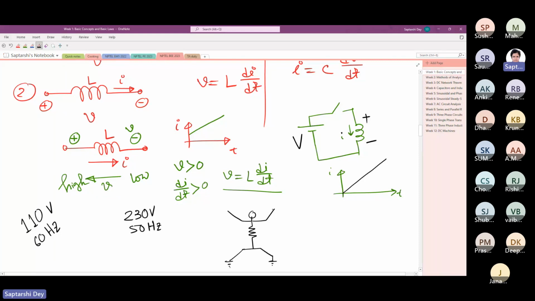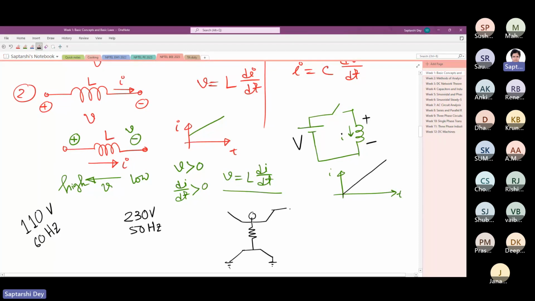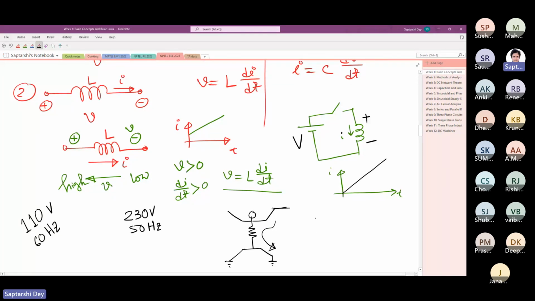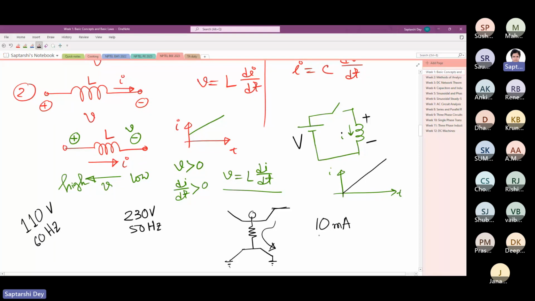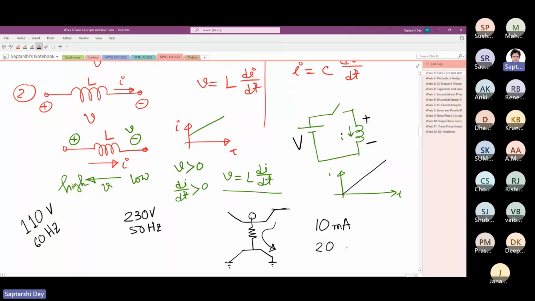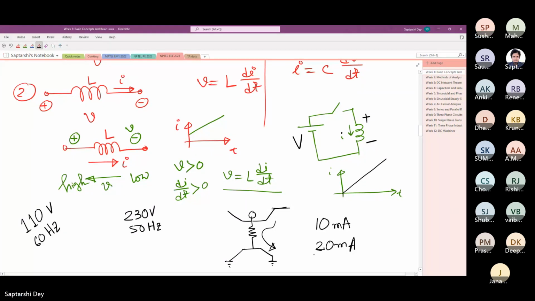You touch something here, a current flows. Until the current reaches say 10 milliampere, you will not feel it; maybe you will start feeling around 10 milliampere. 20 milliampere of current is enough to give you a good shock. 40 milliampere will cause death.